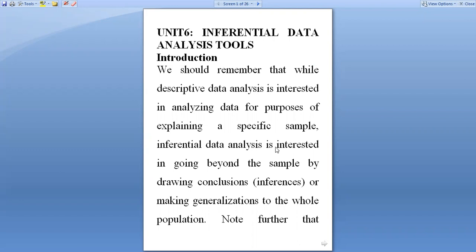In other words, inferential data analysis is interested in using the sample data collected to go beyond that sample and make generalizations to the whole population.